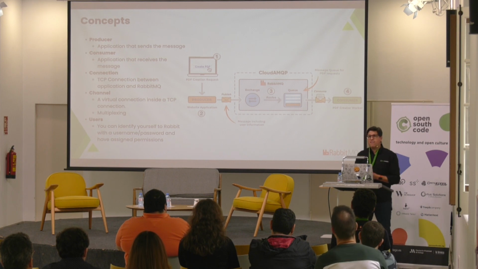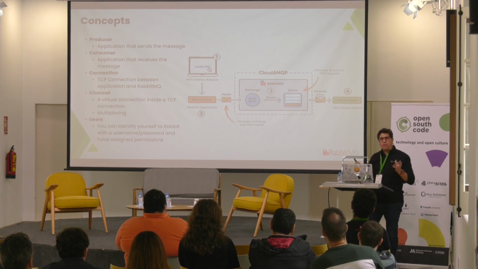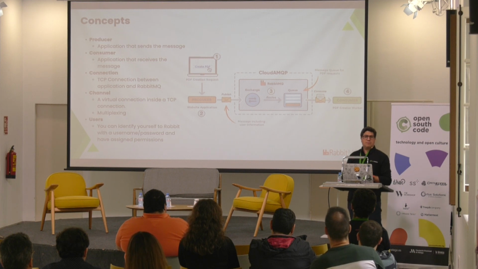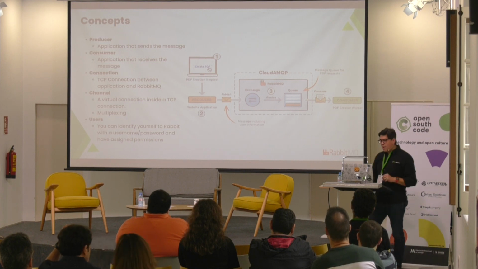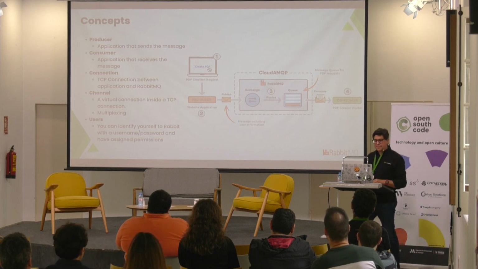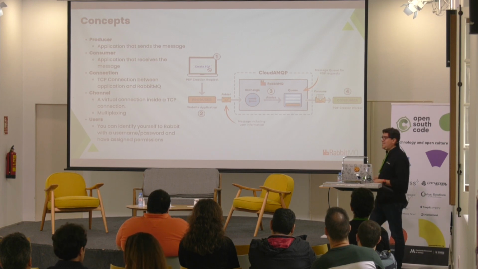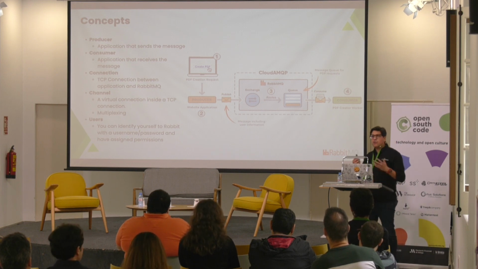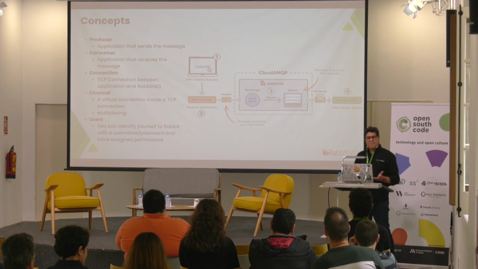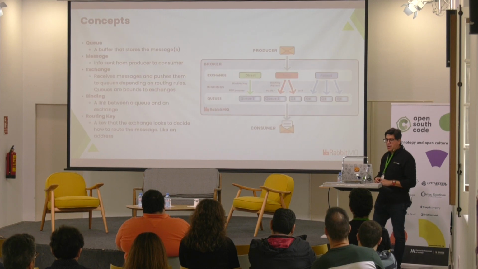That's really helpful because you can have 1,000 connections all within a single connection. That's very different about RabbitMQ, architectural-wise. And of course, you can identify yourself to Rabbit, so you can create different users. It has a very nice admin as well, so you can create different security patterns around RabbitMQ.